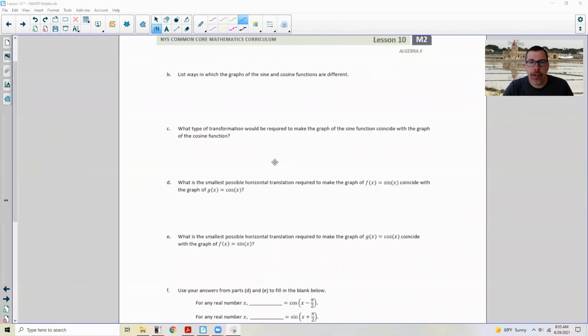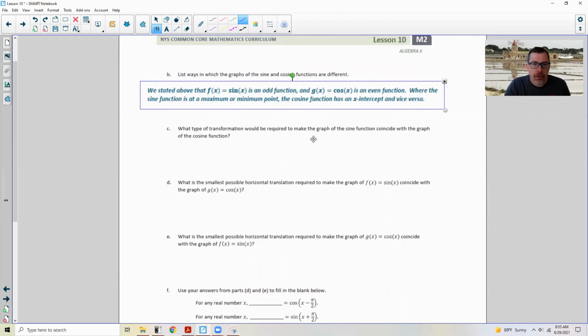All right, page 9. Yes, I said it, 9 pages. B. List ways in which the graphs of the sine and cosine functions are different. Well, we stated above that f of x equals the sine of x is an odd function, and g of x equals cosine of x is an even function. So one's odd and one's even.